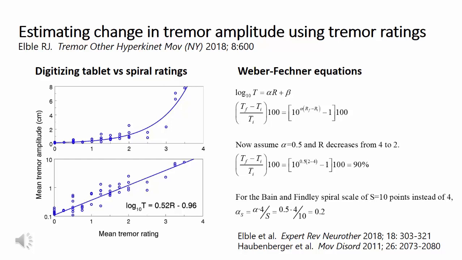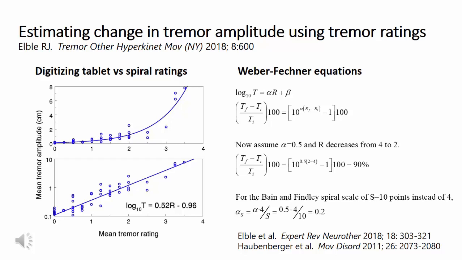But note from the calculation using the Weber-Fechner relationship, there is a 90% reduction in actual tremor amplitude. This method of computing improvement was used in my review of stereotactic surgery published 2 years ago. To be conservative, I used a slope alpha of 0.4.